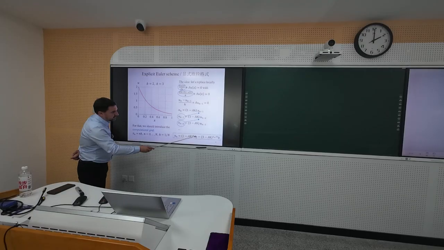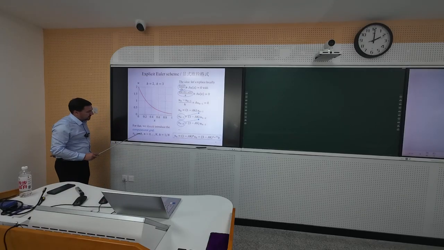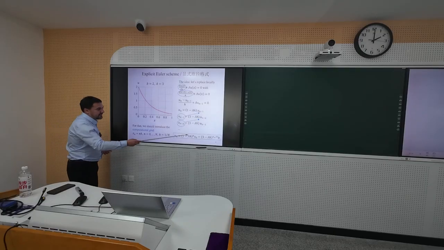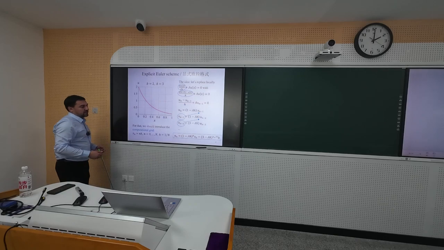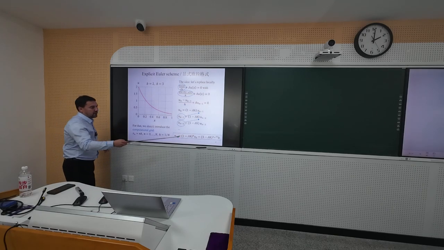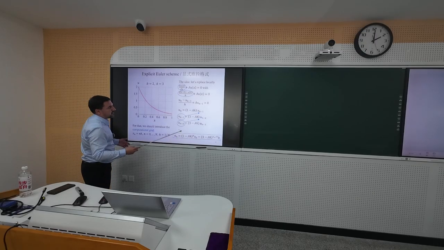And n equals xn over h. So if we believe that our computational grid is uniform, we get the exact formula for our numerical solution. So for each n, 1, 2, 3, and so on, we can compute the value un.